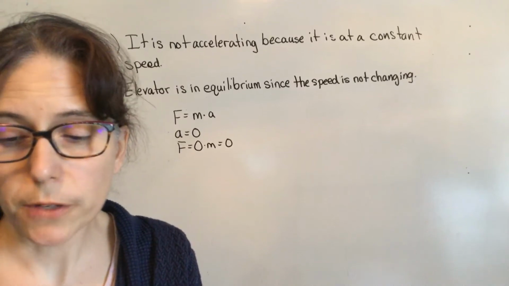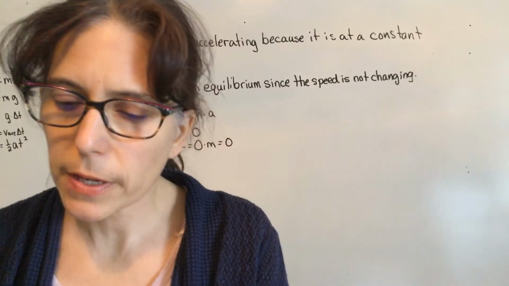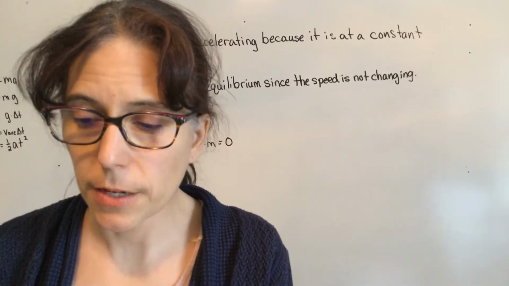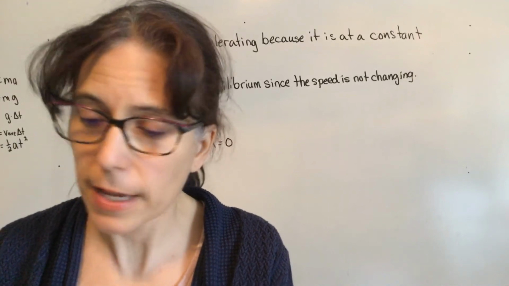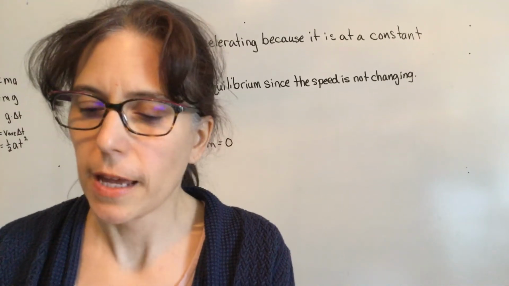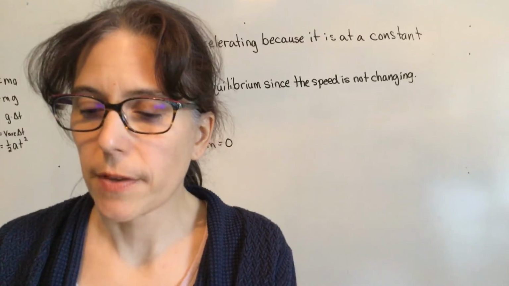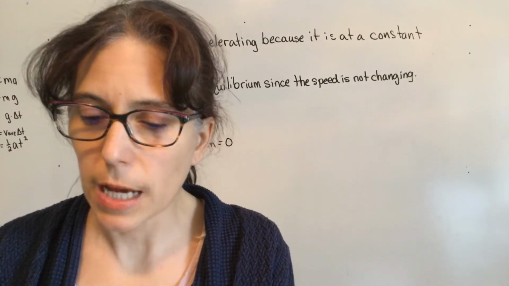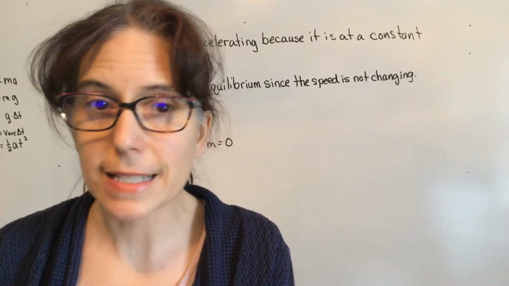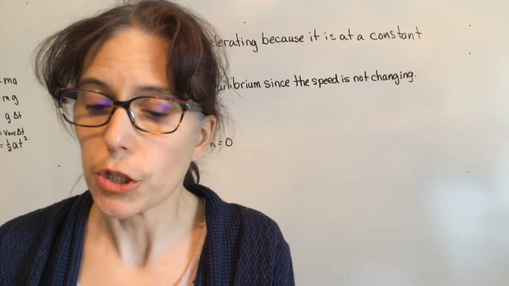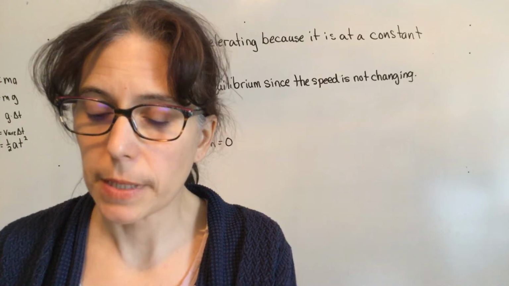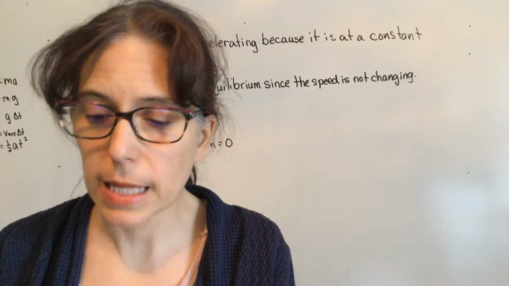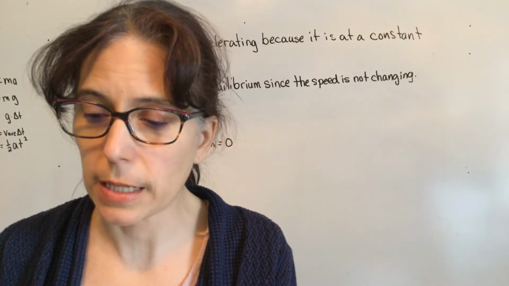Let's take a look at number 24. Okay, the elevator and passengers have a mass of 5,500. Sorry, let's read that. The elevator and passengers have a mass of 5,500 kilograms. After a stop at the 5th floor, the elevator accelerates upward uniformly at 1 meter per second squared until it's rising at 2 meters per second.